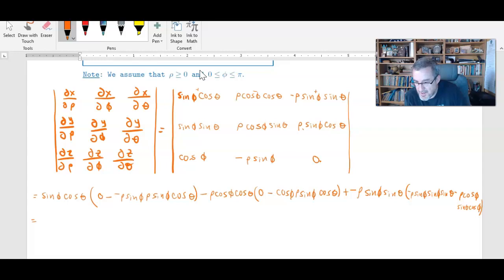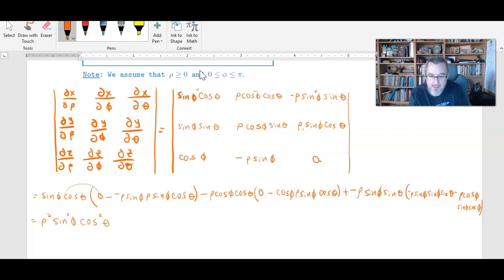All right, so we've got rho squared sine phi cubed cosine theta squared. Double check that. Do you see as we multiply this, distribute this through, 0 plus sine phi cubed cosine theta squared. I think I got it.